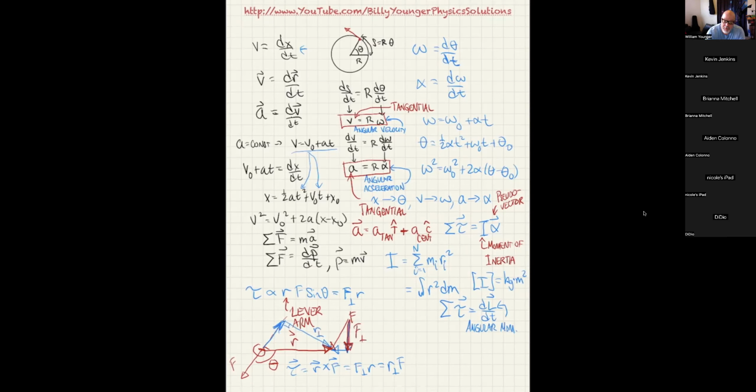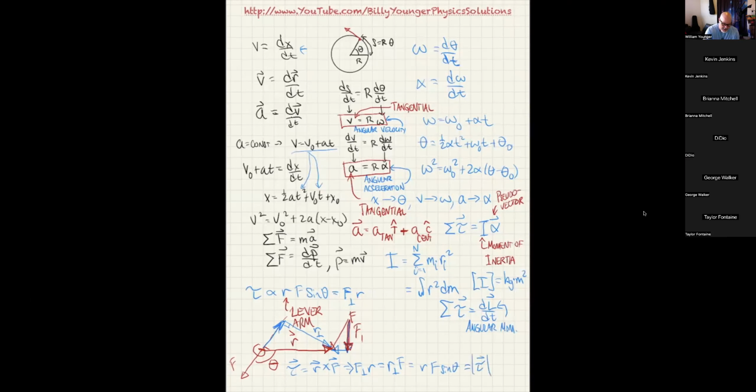So those are all the different ways you can calculate torque. Torque is equal to R times F. Oh, and by the way, I should remind you that R times F times the sine of theta is equal to the magnitude of the torque.